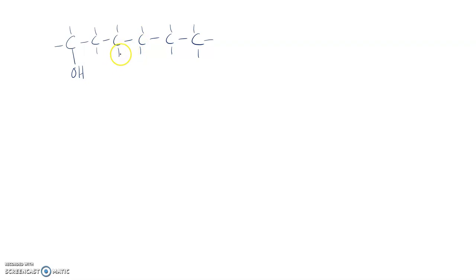Alright, so that I can make a branch here. Okay, so this would be a methyl branch. Yeah, so I would name this 2-methyl. Now I have 6 carbons in the longest chain, so I would name it hexan-1-ol.